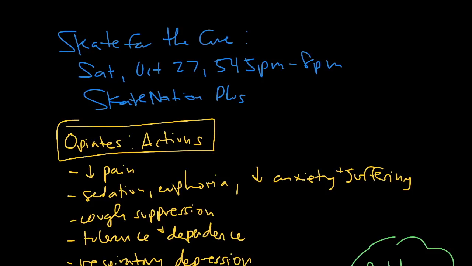So first off, just wanted to send you guys a reminder that Skate for the Cure, KE's annual fall fundraiser for their philanthropy to raise money for breast cancer, is on next Saturday, October 27th, from 5:45 p.m. to 8 p.m. It is at Skate Nation Plus.